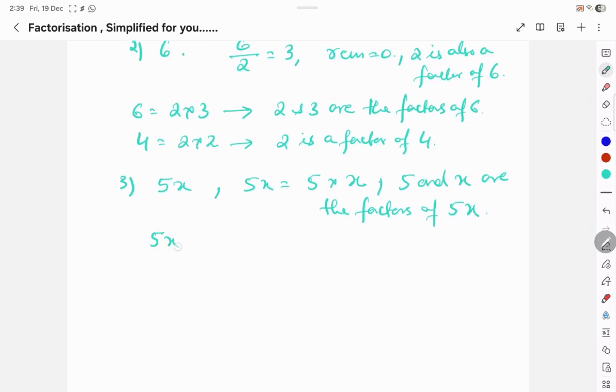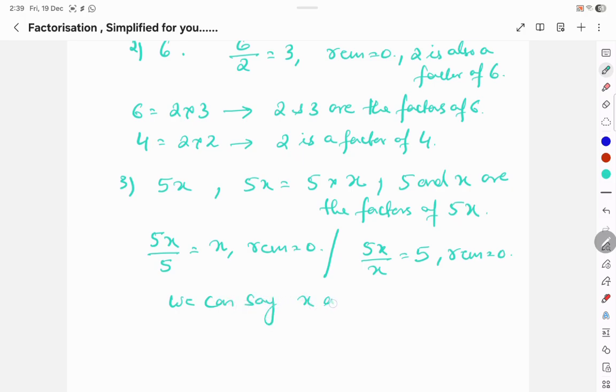Because if I divide 5x by 5, I get x and again the remainder is 0. Similarly, if I divide 5x by x, then I'll get 5 and again the remainder will be 0. So we can say x and 5 are the factors of 5x.